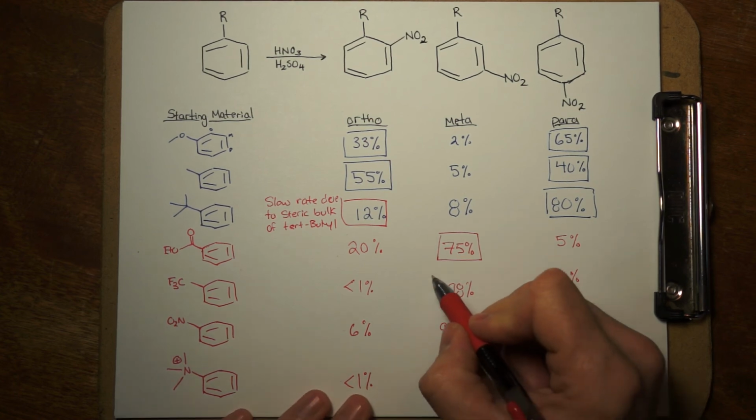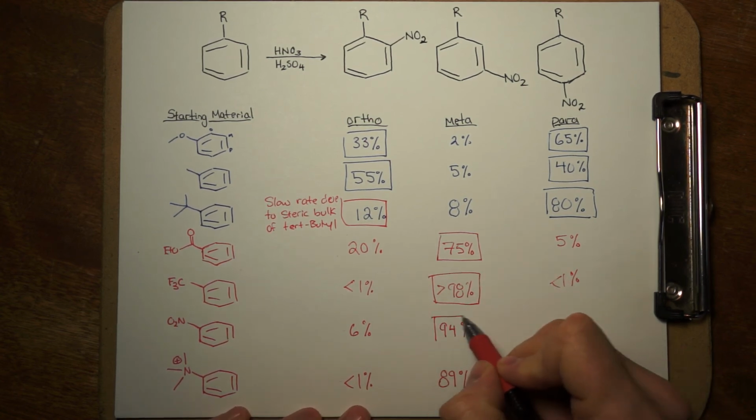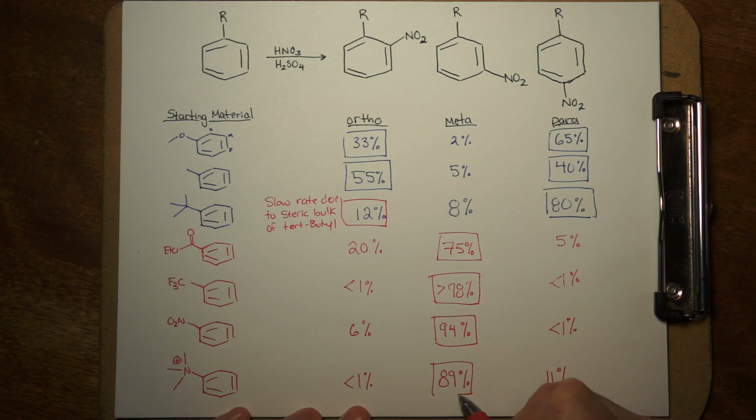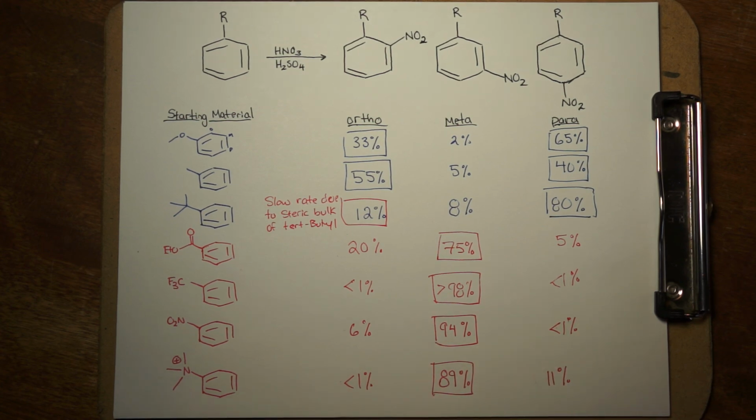So you can see that all of these electron-poor arenes favor meta substitution. There might be some tricks along the way, but nothing that we really need to pay a lot of attention to.